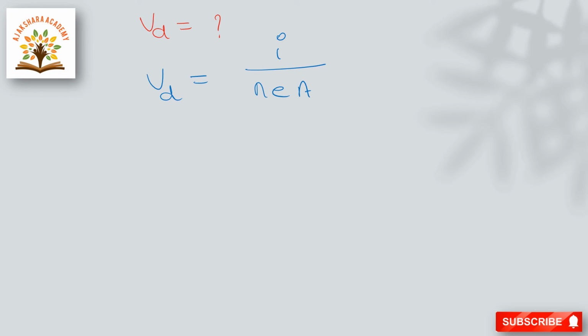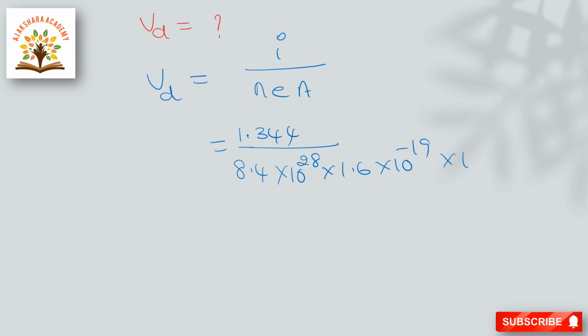Now substituting values, v_d is equal to I, nothing but 1.344, by n, 8.4 into 10 to the power of 28, into 1.6 into 10 to the power of minus 19, into 10 to the power of minus 6.